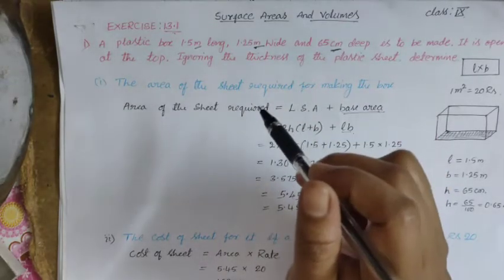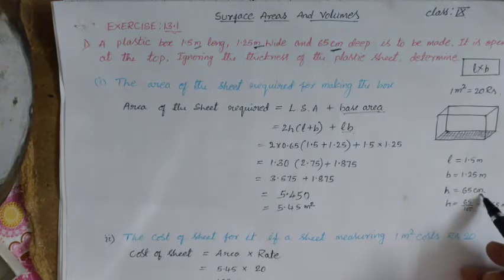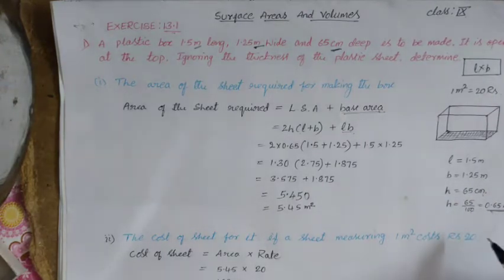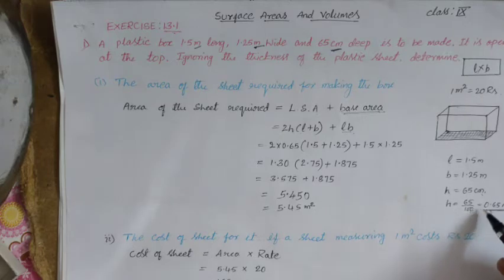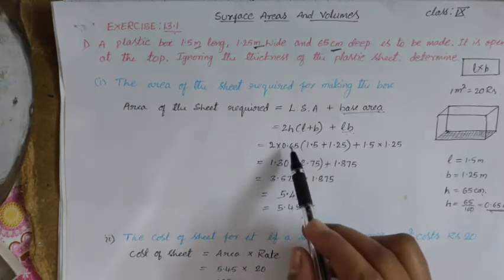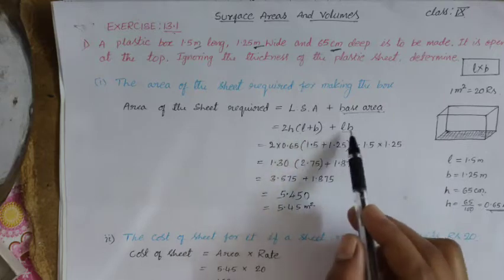Now convert the centimeter into meter. How to convert? Yes, you divide by 100. Then we get the measurement in meter. So 65 by 100, put the point, take 0. That is 0.65 meter.